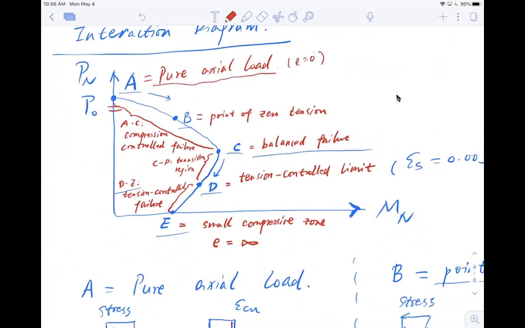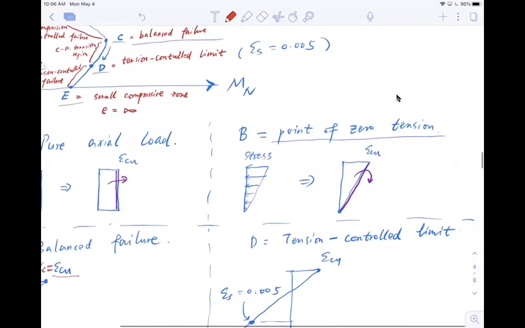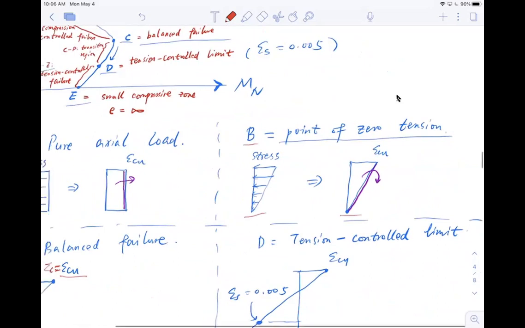And going on, I have point B, which is the point of zero tension. By the name of zero tension, it means if I go to this small figure here, the maximum tensile stress is 0. There's no tension in this section.